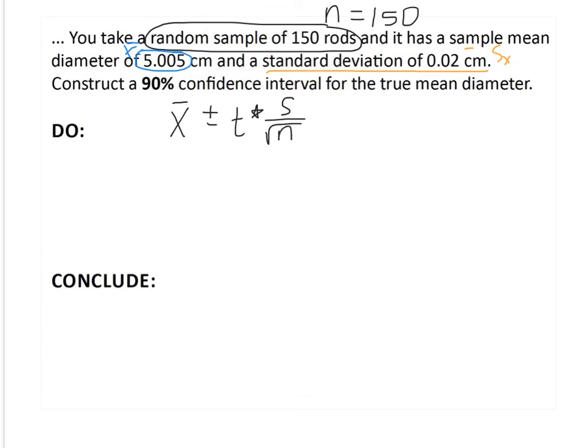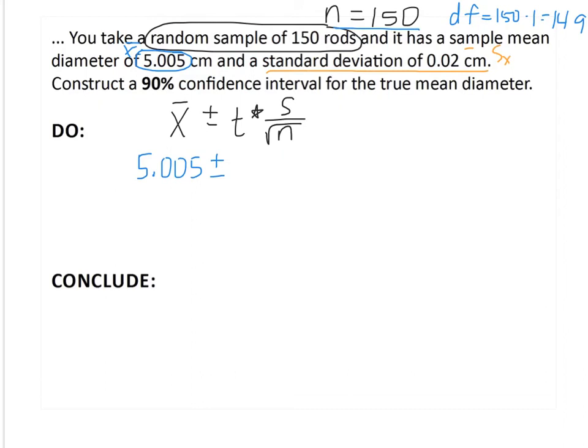Well, if I plug in my numbers, 5.005 plus or minus t star. Well, if I think about t star, n is 150, so my degrees of freedom is 150 minus 1, or 149. Well, if you look at your sheet, there is no 149.